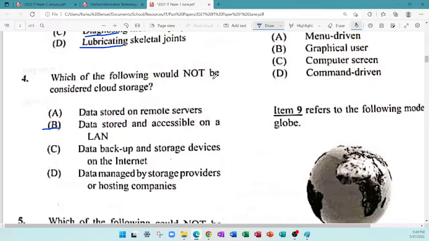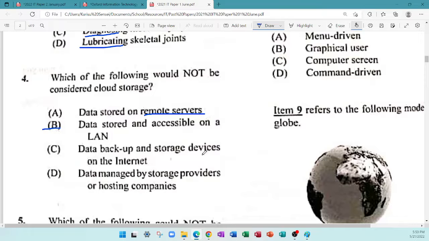But in a more business environment, that's where the servers come into play, because persons use it as a service now, so that you can store your data. For example, Google Drive, OneDrive, Google Photos, and so on. Storing data on a remote server is cloud storage.